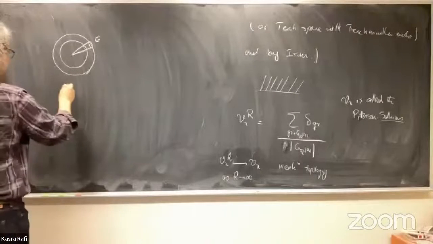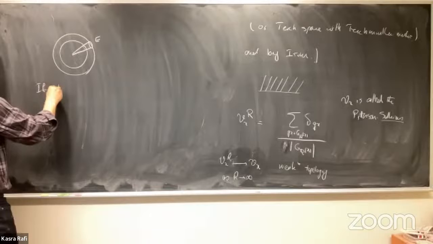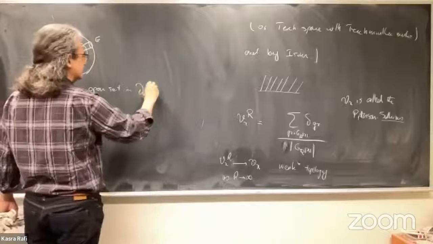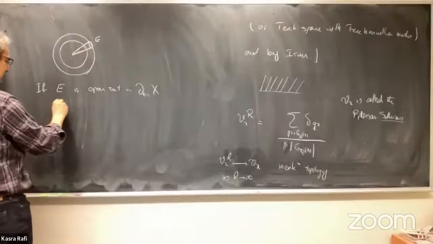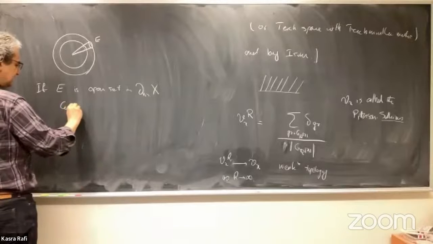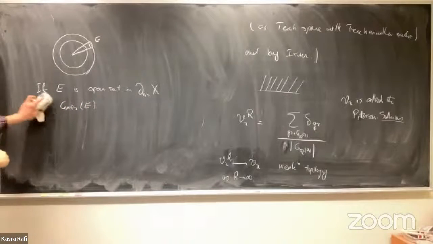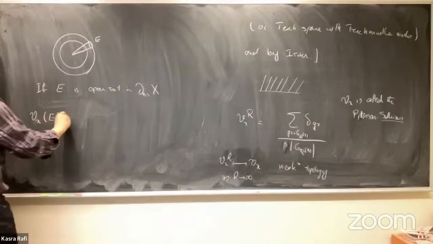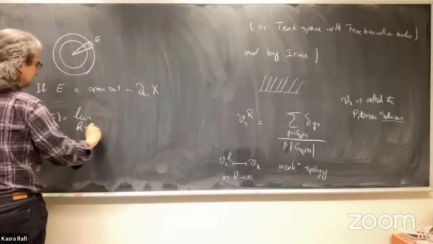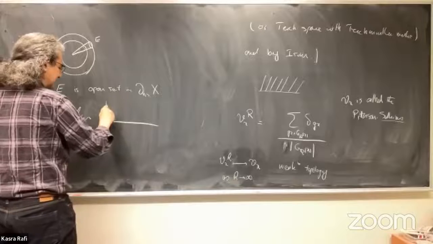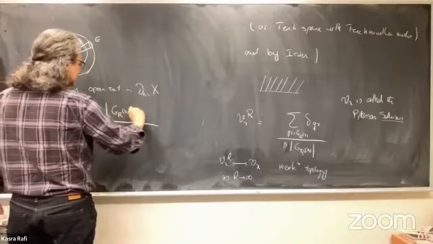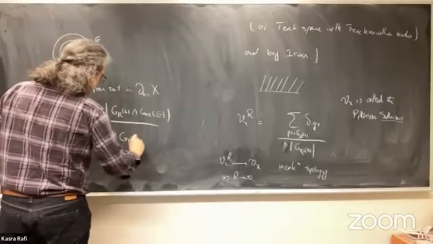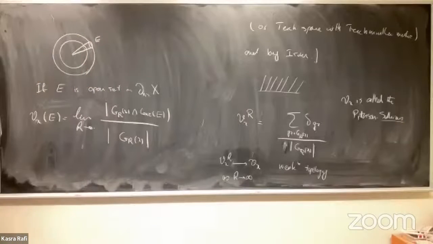So if E is an open set in the visual boundary, I can look at the cone X of E, and the measure nu X of E is the limit as R goes to infinity of the number of elements in G_R x intersect cone of E, divided by the number of elements in G_R x.